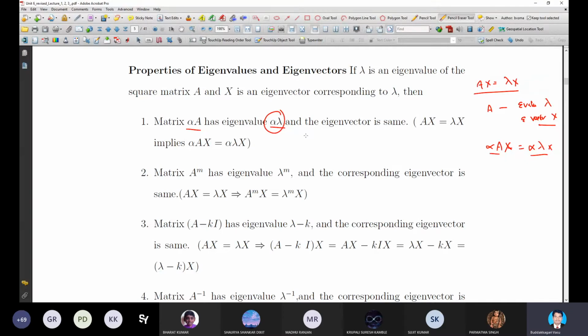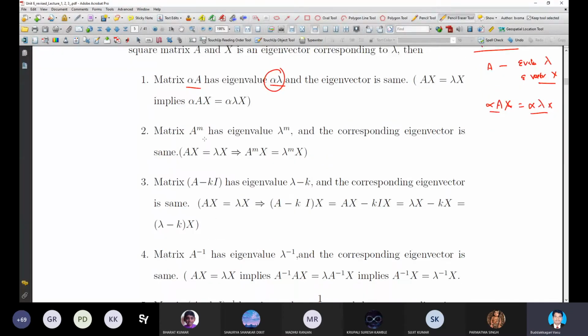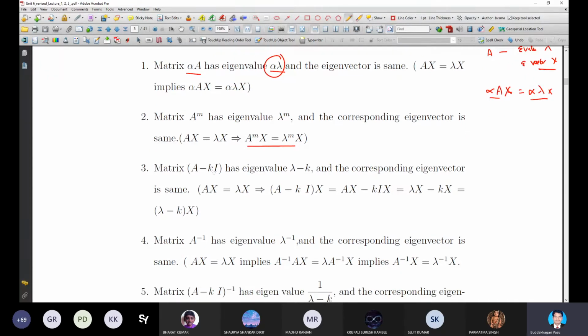The same we have written here: Ax is equal to lambda x, and A power m into x is equal to lambda power m into x. Then A minus kI, where k is any constant, has eigenvalue lambda minus k, and the corresponding eigenvector is the same.